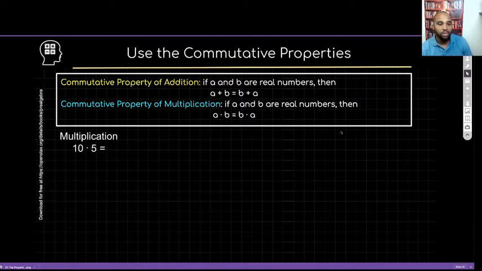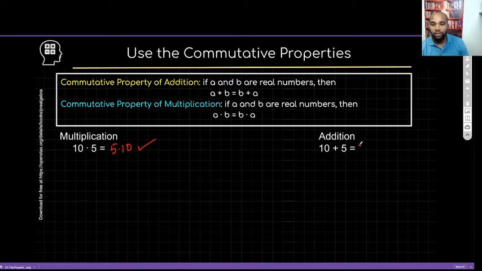All right, let's look at some examples. So multiplication: 10 times 5 equals what? Is that the same thing as 5 times 10? Are these two equal? Well, you better believe it is. So that's one example we could look at for the commutative property of multiplication. What about 10 plus 5?